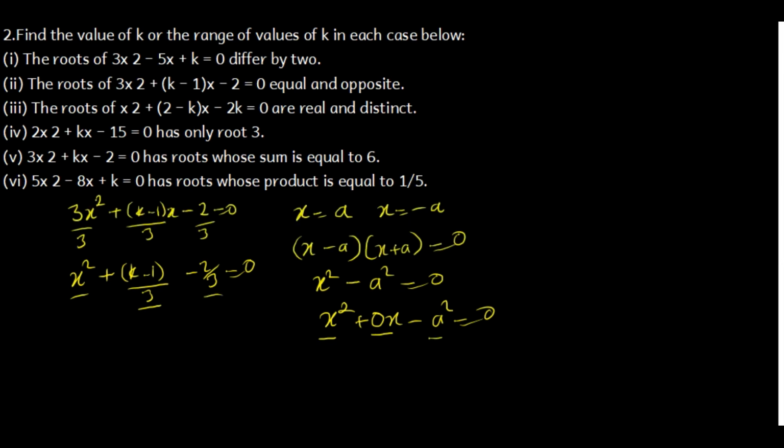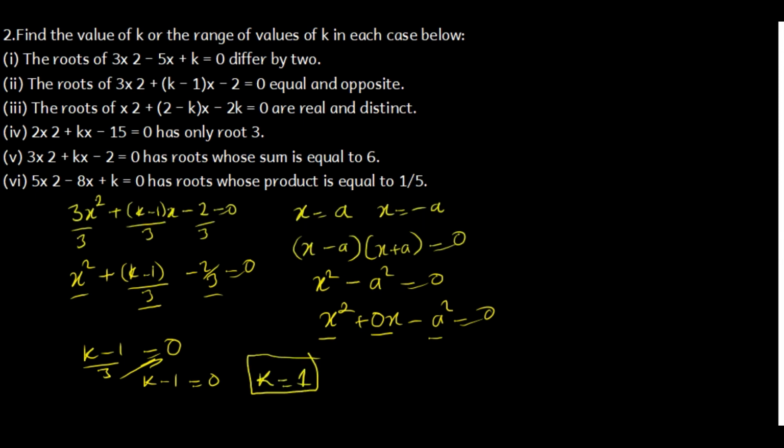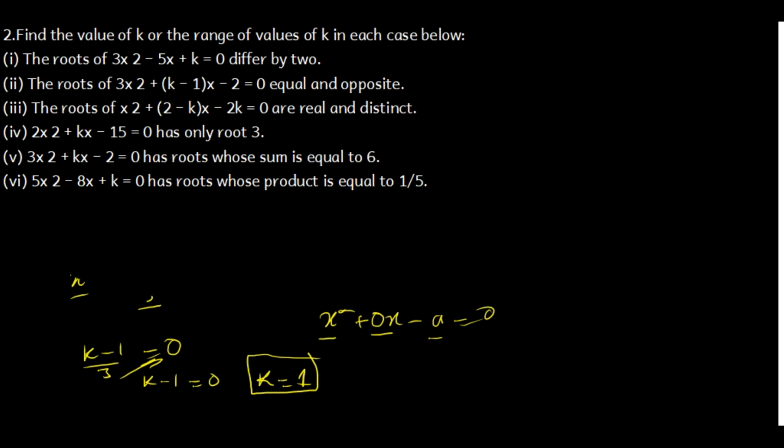So my aim is just to find the value of k. So I'm going to say k minus 1 over 3 is going to be equal to 0. So I'm going to find that k minus 1 is equal to 0, because if I cross multiply, I'm going to get a 0 there. So that means my k is equal to 1. So that is the value of k in that case.